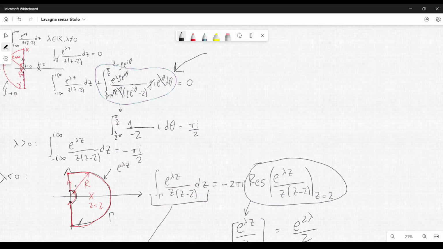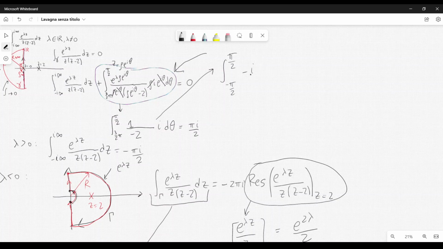Counterclockwise. So we go from, for example, minus pi over 2 to pi over 2. So when we integrate and let rho go to 0, we will have something like this. The integral from minus pi over 2 to pi over 2 of this function here. This will be the same because when we let rho go to 0, we get exactly the same result.